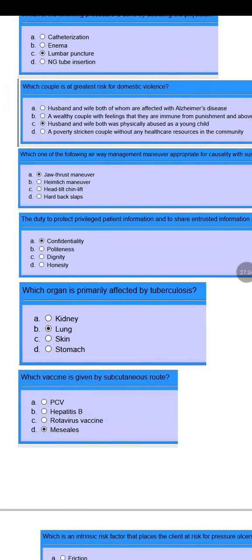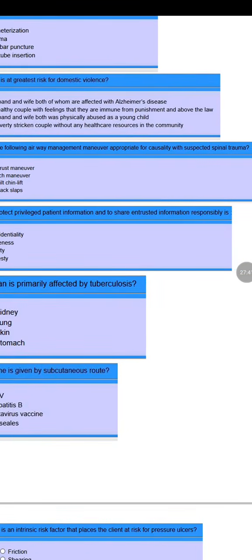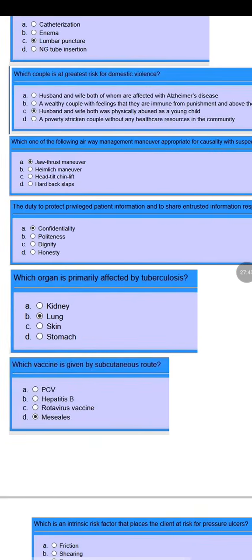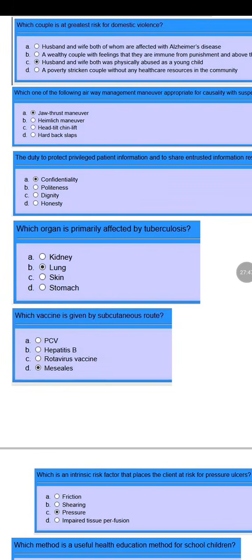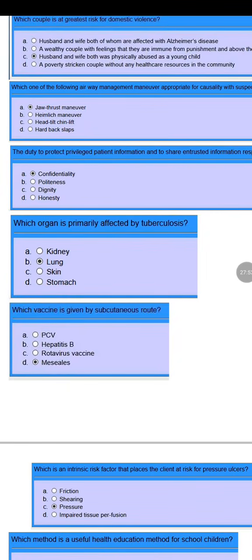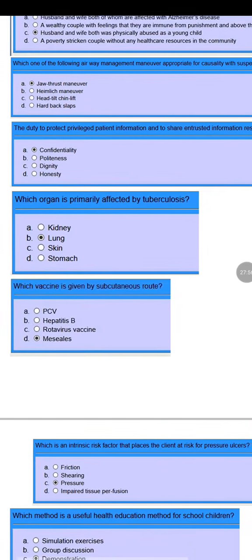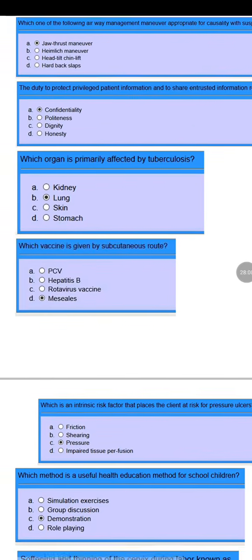Which one of the following is the airway management maneuver appropriate for a client with a subject of spinal trauma: the jaw-thrust maneuver. Due to the broad variety of patient information, share access and response: confidentiality. Which organ is the primary effect of tuberculosis: the lung.